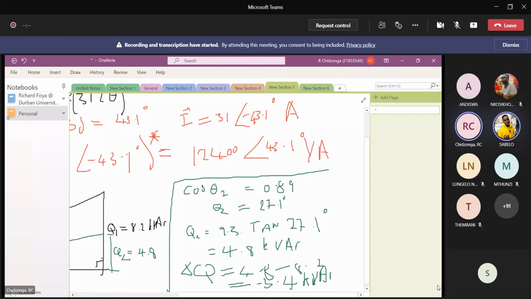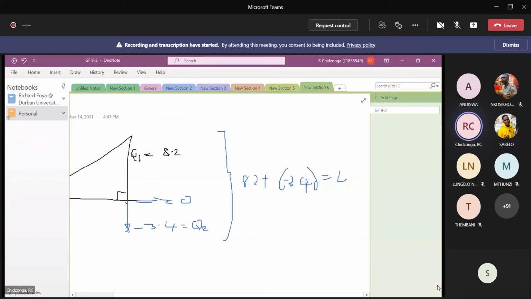So now, in order to get that 4.8, we know this 3.4 has to come from a capacitor.